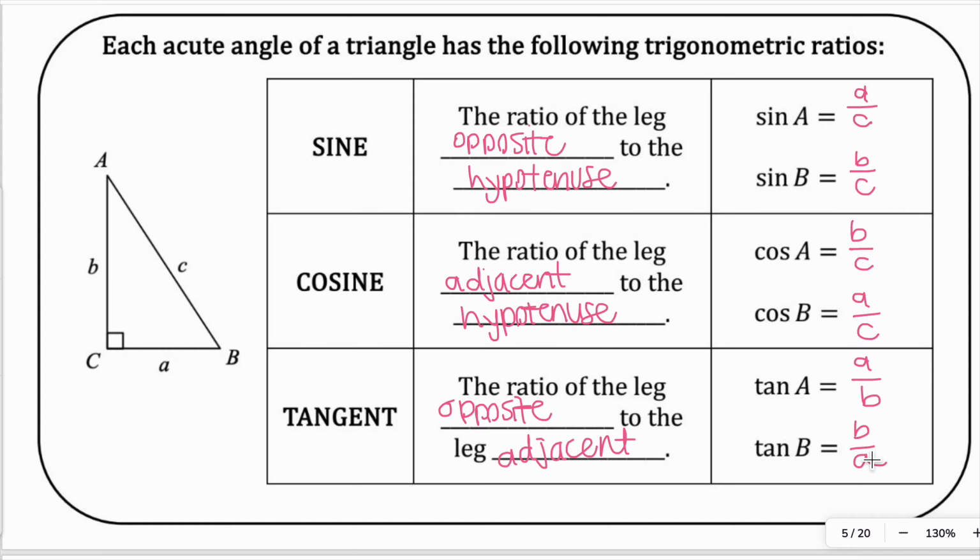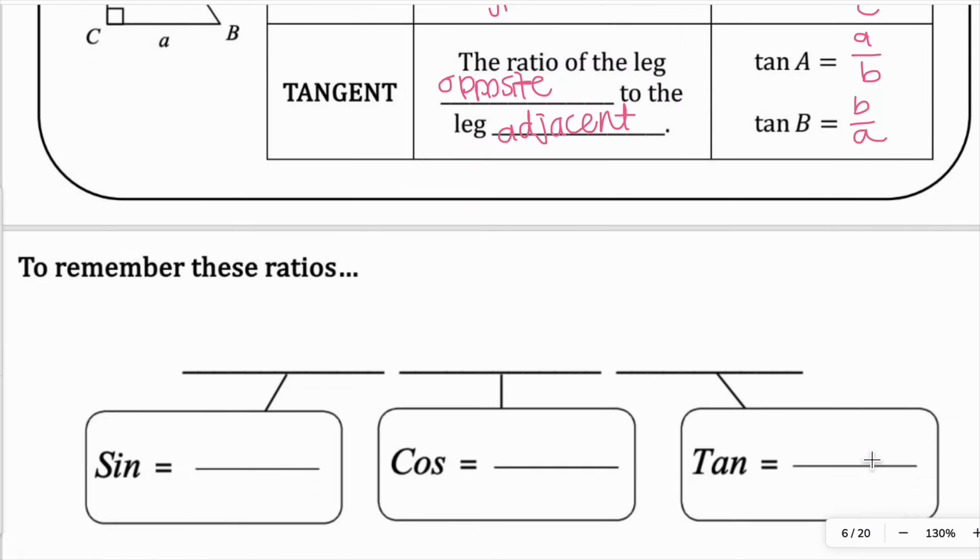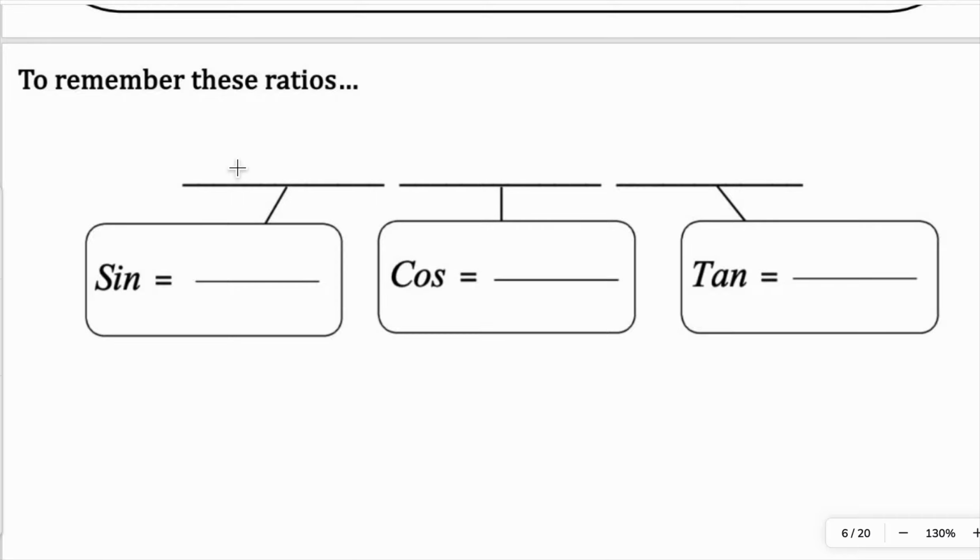Okay, let's make sure we have this written down. There is an easier way to remember these things: SOH CAH TOA. Sine is SOH, opposite over hypotenuse.